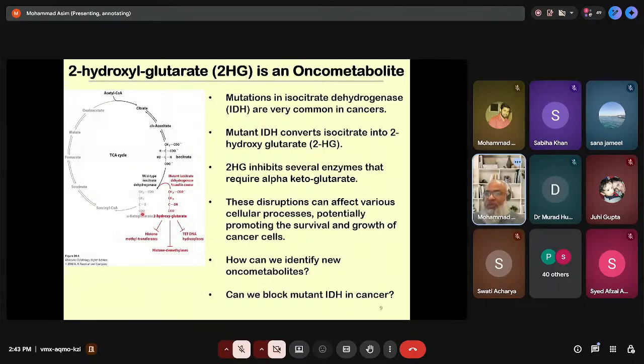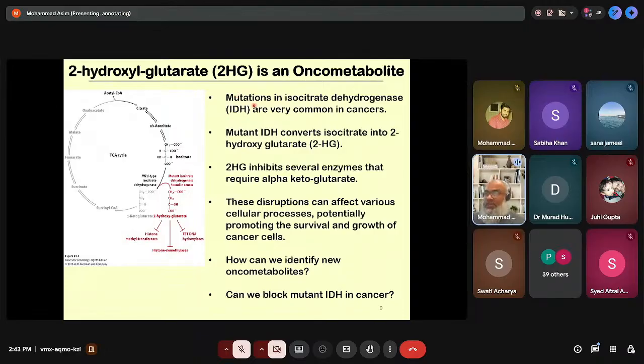2-hydroxyglutarate. Now, what happens in the Krebs cycle, if I show you here, especially this step, is that you have this isocitrate, which is converted into alpha ketoglutarate by the enzyme called isocitrate dehydrogenase or IDH.